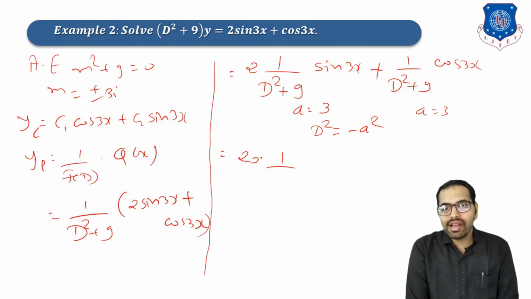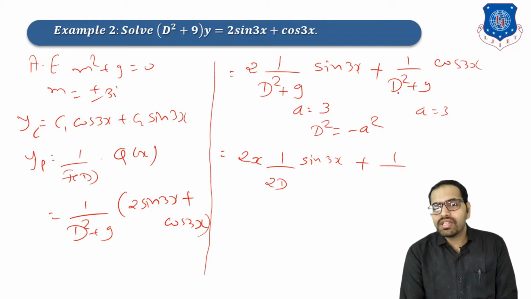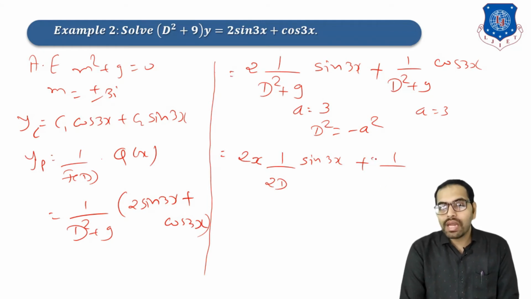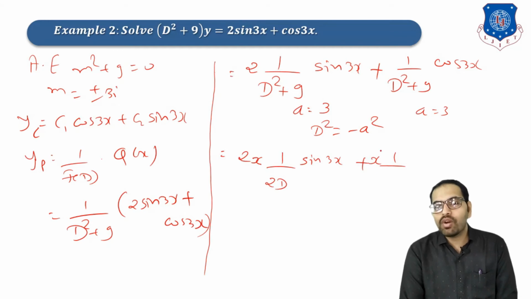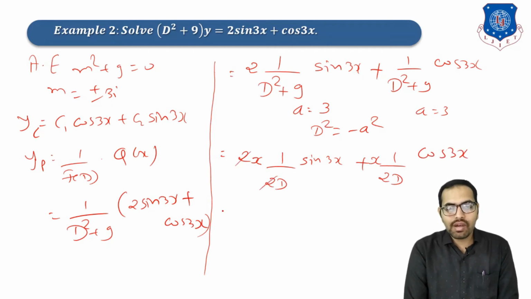Multiply with x and the derivative of the denominator, that is 2D, the derivative of 9 is 0, into sin 3x. Similarly here again, whenever we replace D² = −a², that is −9 + 9, it becomes 0, then multiply with x and the derivative of f(D), that is f'(D), that is 2D into cos 3x.